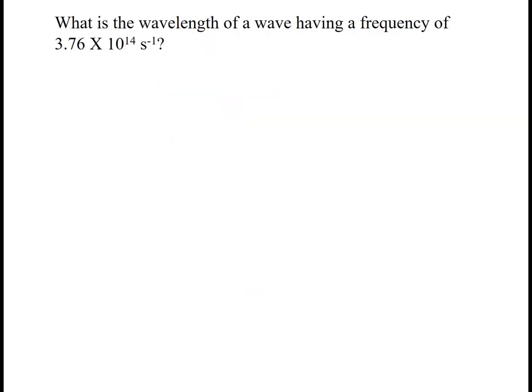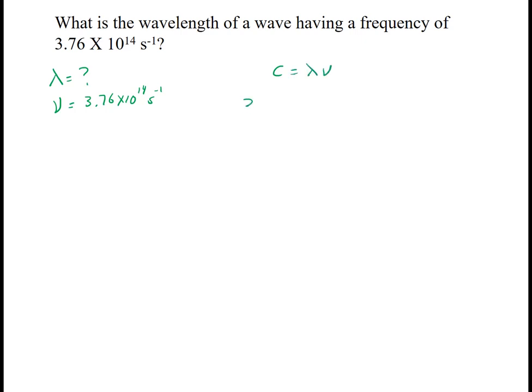So the problem is, what is the wavelength? Just like we've been doing all semester, it wants to know what lambda is. If I have a frequency, symbolized by the nu, of 3.76 times 10 to the 14th seconds to the minus 1, the formula that relates those two is c is equal to lambda nu.